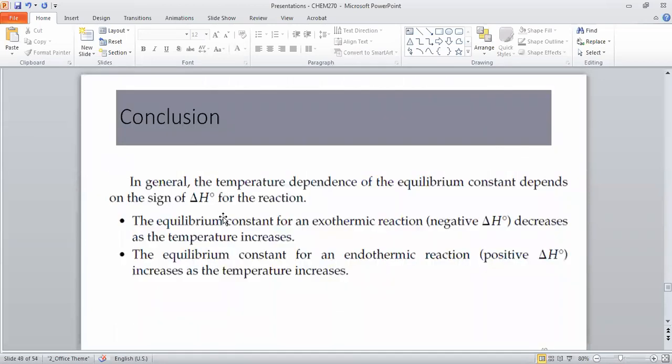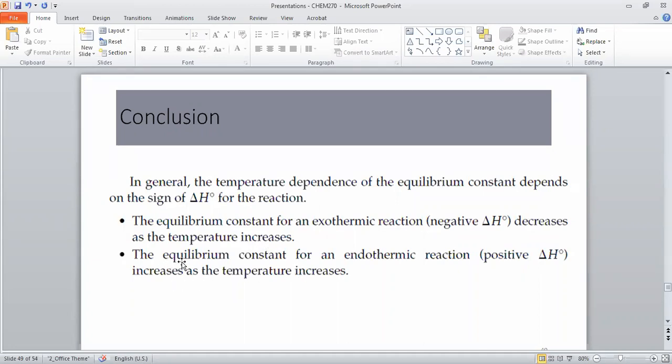And in conclusion, what we have discussed over here, there are two reactions: the exothermic reaction and the endothermic reaction. Actually, the effect of the temperature depends on the sign of the delta H. So equilibrium constant for an exothermic reaction, having the negative value, decreases as the temperature increases.